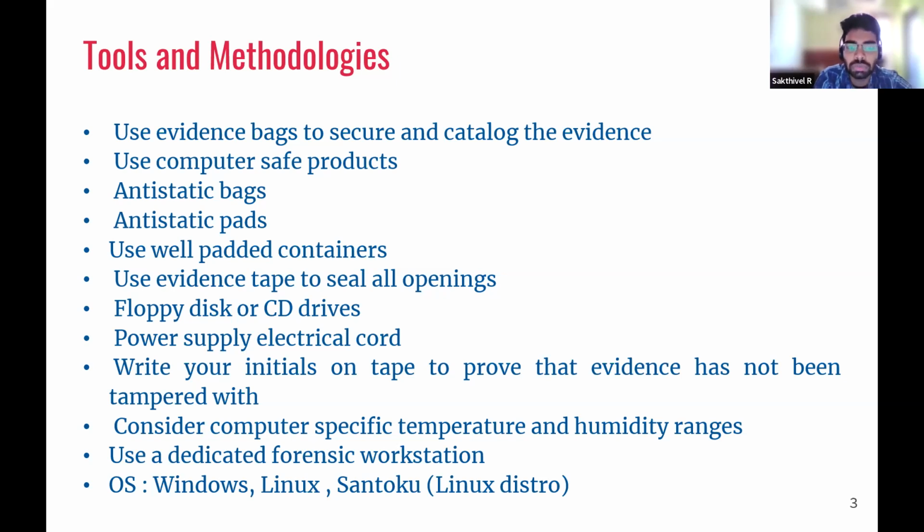In order to acquire and keep the evidence, store it and secure it from the crime scene for later analysis in the cyber laboratory, like a forensic laboratory, we need this evidence bag to secure and also catalog the evidence.